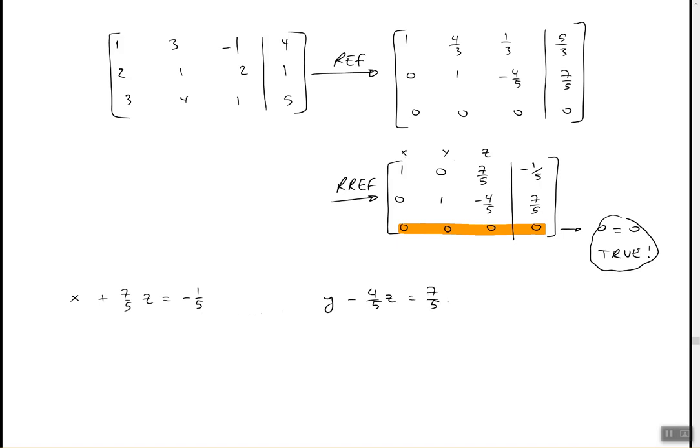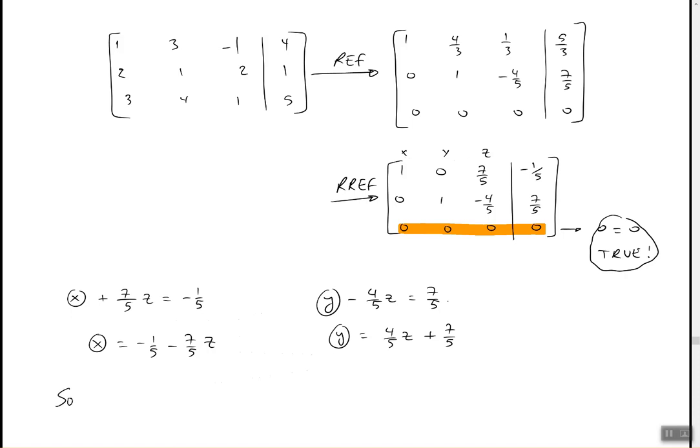And remember, I'm trying to get the x by itself and the y by itself when I'm doing these problems. So I'm going to solve for x in the first equation. To do that, I'm going to end up with negative 1/5 and subtract the 7/5 z to get the z across. And the second time I do this with the y, I just add 4/5 z to the other side. So add 4/5 z, there's already the 7/5 there.